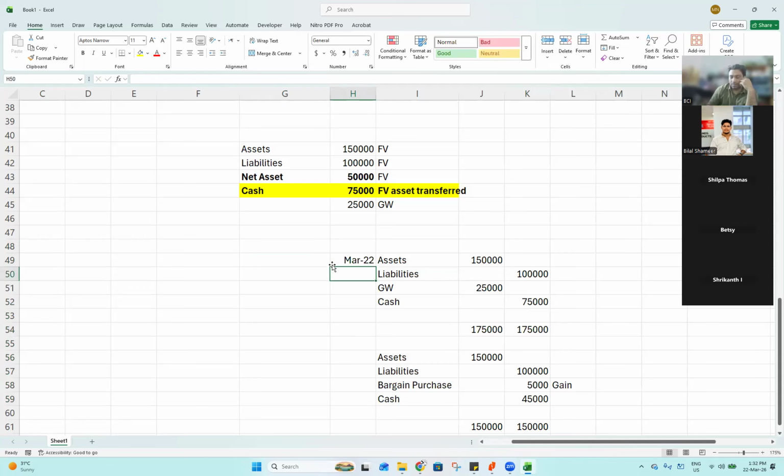From January to March 22, whatever profit this company made, 100% of the profit should go to the old investors, correct? From now onwards, we have, for example, 90% ownership. Then from March 22nd till December 31st, whatever profit the company makes, 90% will come to me, and only 10% goes to the non-controlling interest people. Clear?